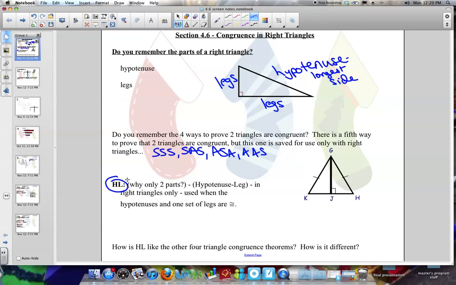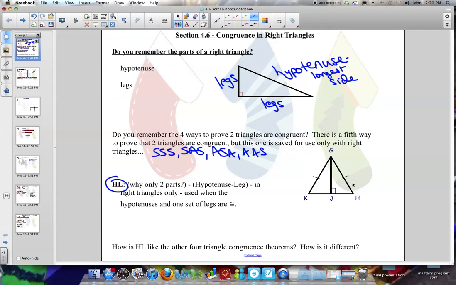The reason is that since it only works with right triangles, there is implied a set of right angles that would automatically be congruent. So you only need 2 more pieces to prove the triangles are congruent beyond the right angles themselves.